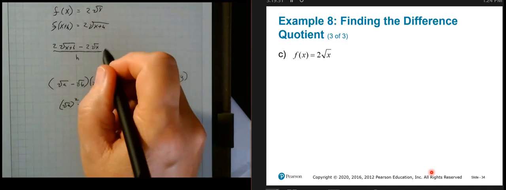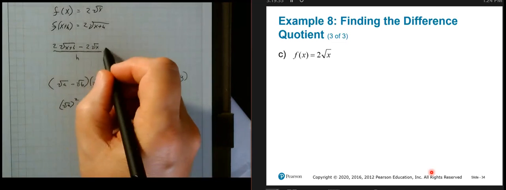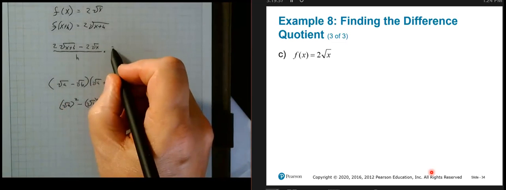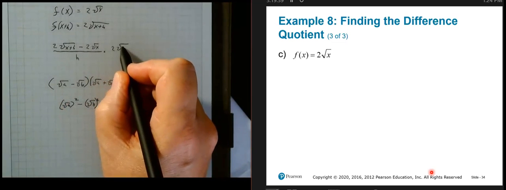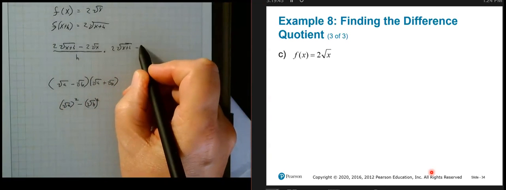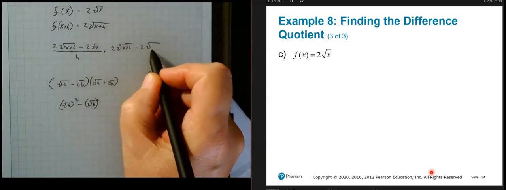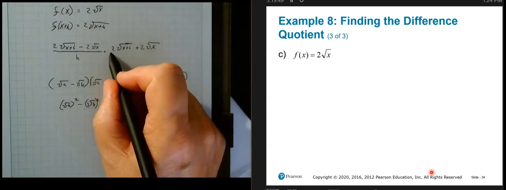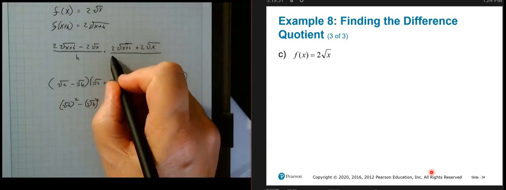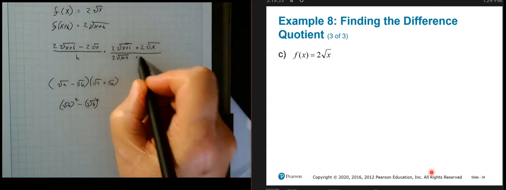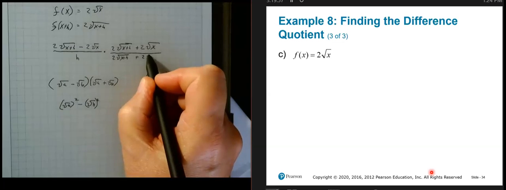So that's what we're going to do up here. I'm going to write this exact same expression, but with a plus sign in between. So it's going to be 2 times the square root of x plus h minus 2 times the square root of x, being divided by 2 times the square root of x plus h plus 2 times the square root of x.